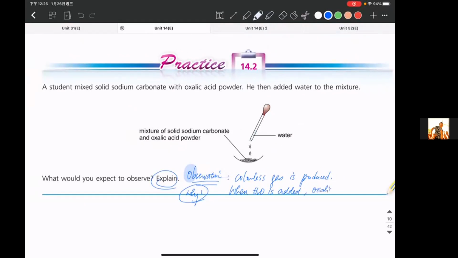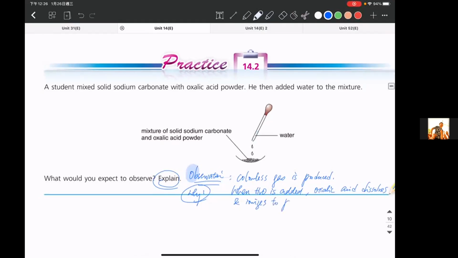The oxalic acid dissolves, and what do you call that process? Ionizes to produce what? Hydrogen ion, or you can use the word hydronium ion.